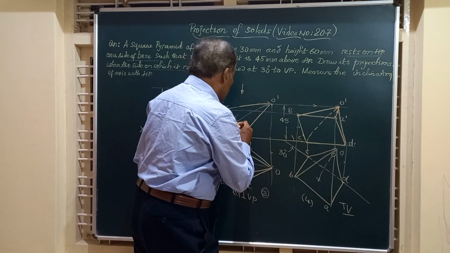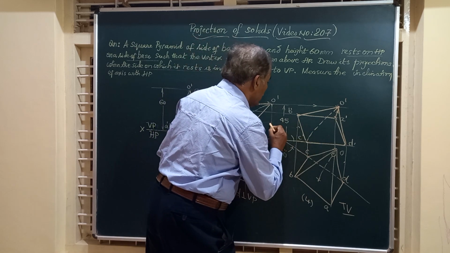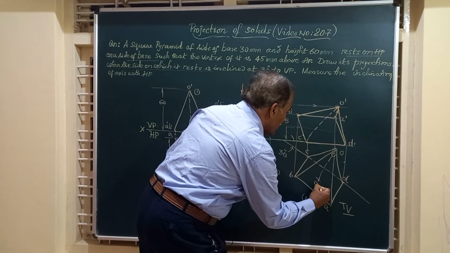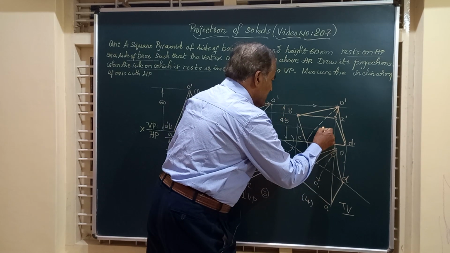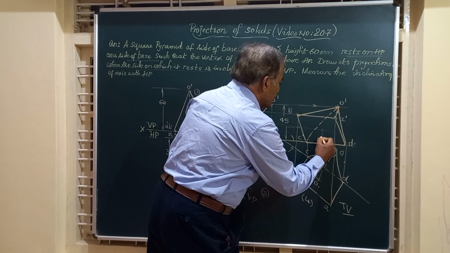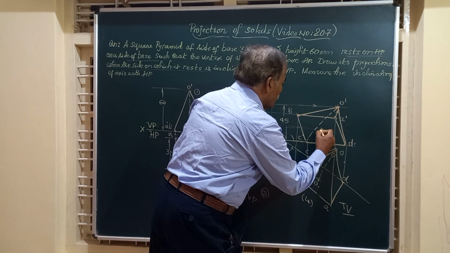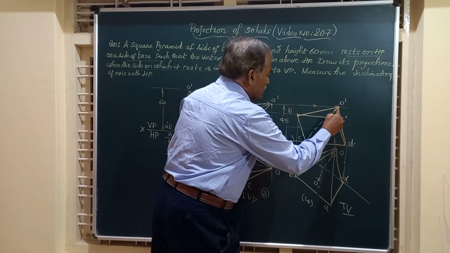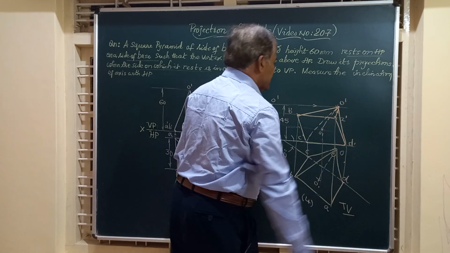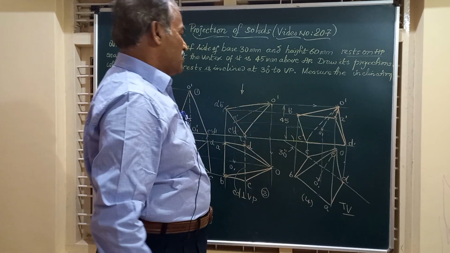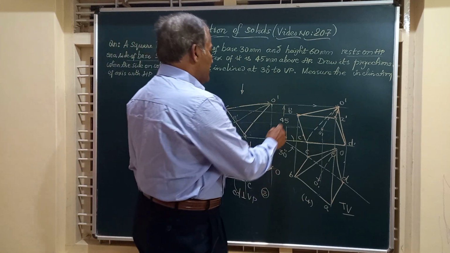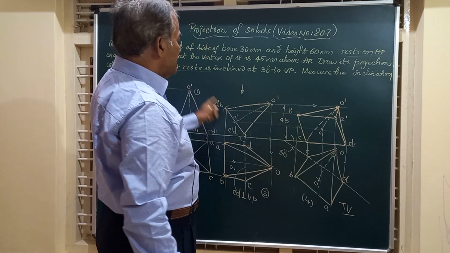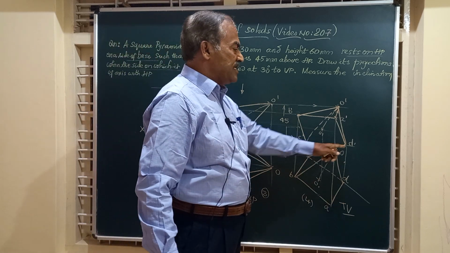And friends, we will mark O dash in the front view, a horizontal from here, a vertical from this O1. The point of intersection will give you this O1 dash. Friends, join O dash to O1 dash. This will represent the axis of the solid. And friends, you observe here that the object is resting on CD.